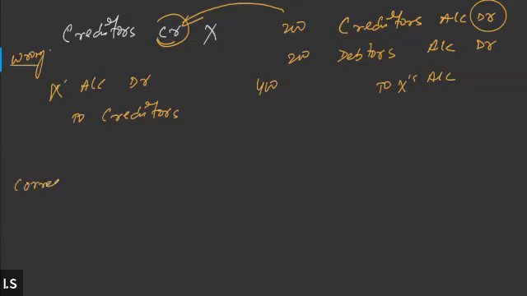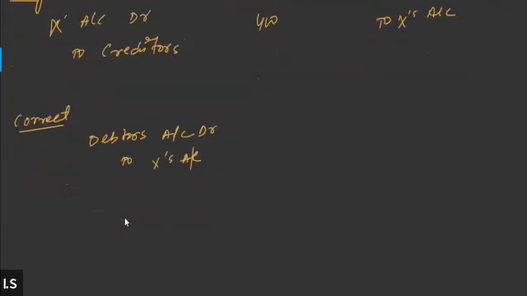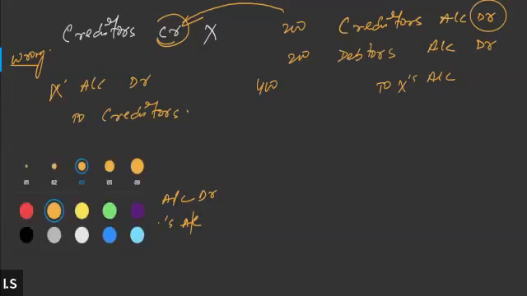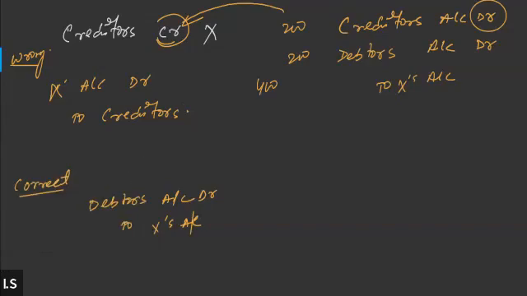Correct entry should be debtors account debit to X account. And the rectifying entry will be, see, we are debiting the creditors account because earlier we have credited the creditors account, therefore we have debited creditors account.